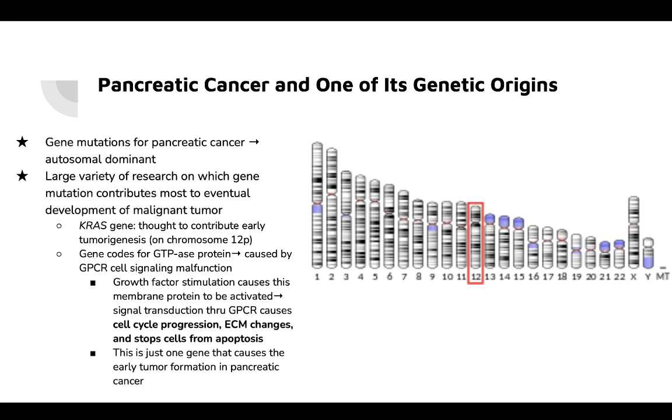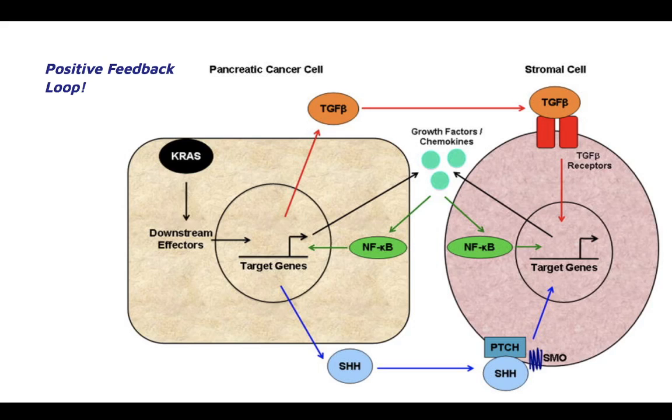Those are three obvious signs of unhealthy cell growth and would lead to an entire chain of cancerous growth, because it affects the cell cycle and the extracellular matrix, which would affect cell signaling, etc. And what's interesting is that this is just one gene that has been identified as causing the early tumor formation in pancreatic cancer. There are other ones, but this is just one of the widely accepted ones.